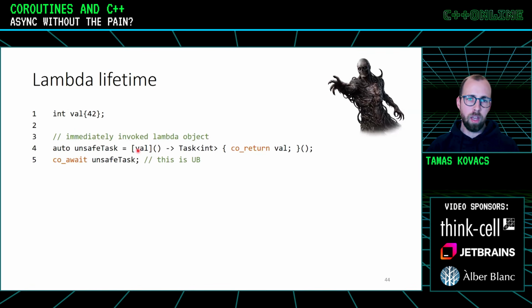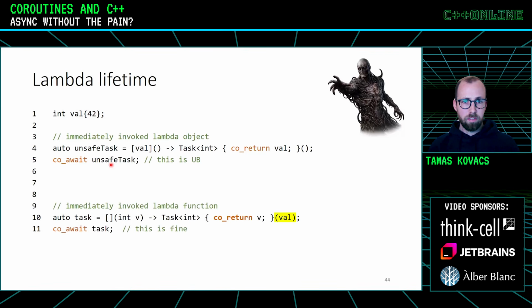So if you are using a capture, you are creating a lambda object, and that object has a lifetime, which is also going to end after line 4. And if you try to co_await this task, the underlying lambda function is not there anymore. So the task and the underlying lambda function are not tightly bound. They can be separated. This is flexible, but could lead to some interesting behaviors.